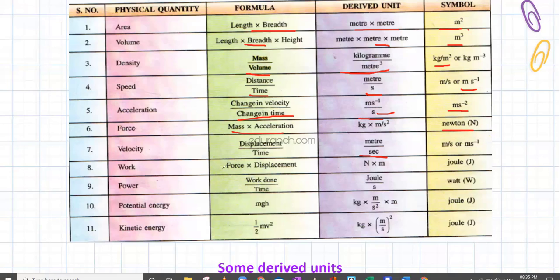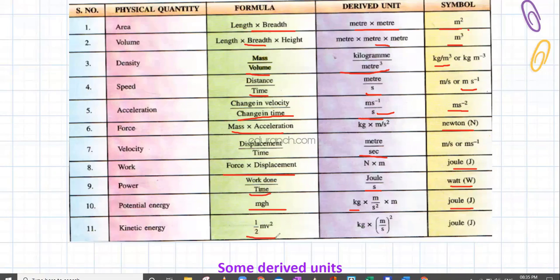Work is force into displacement, which is Newton into meter. We symbolize it as joule. Power is work done by time, which is joule by s, which is watt. Potential energy is mgh, which is kilogram into meter per second square into m, which is again joule.